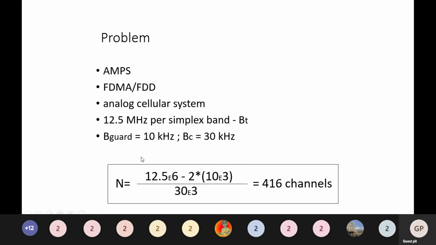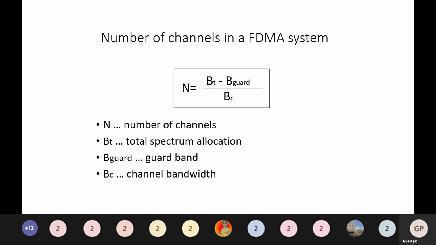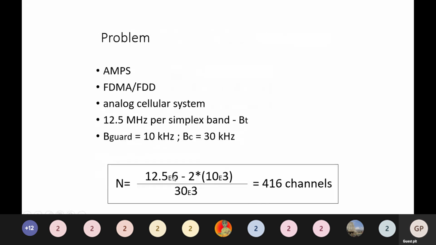Using this formula, B_T is 12.5 times 10 to the power 6, minus 2 times the guard bandwidth, divided by B_C. So it comes to almost 416 channels.